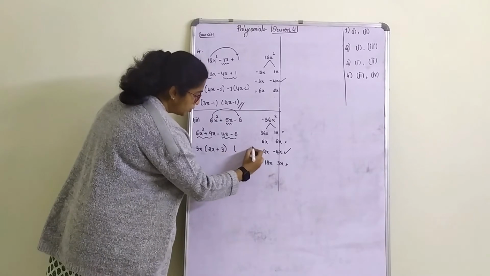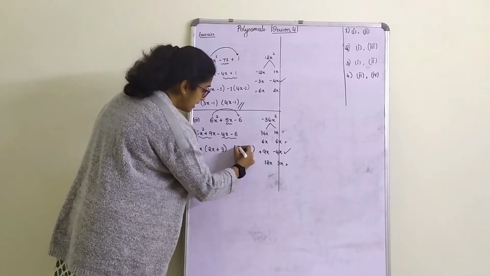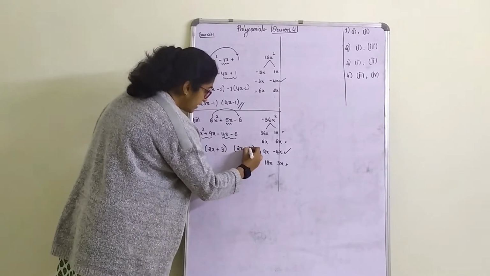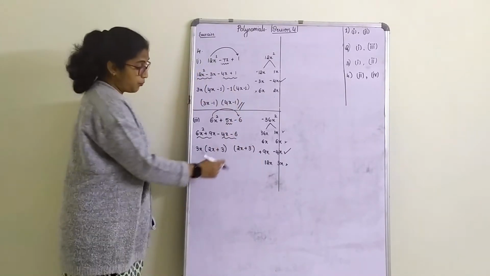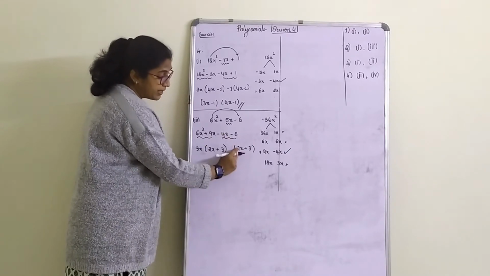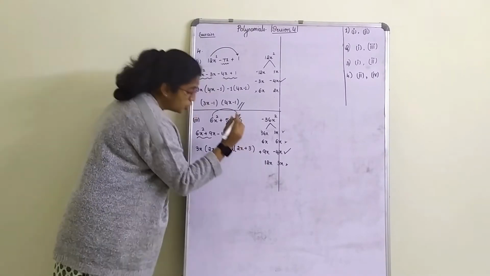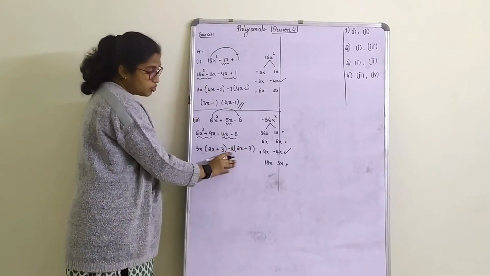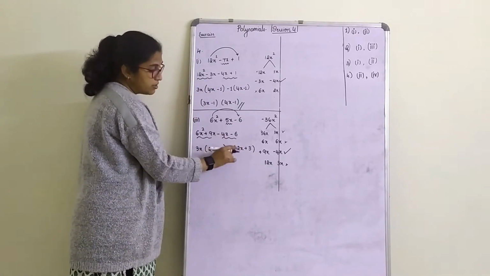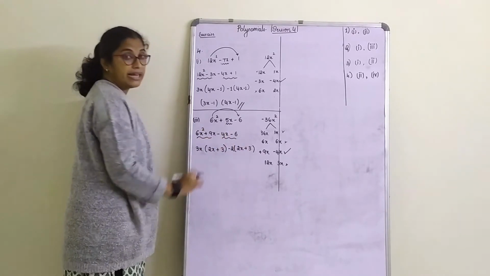As I have told you, in factorization, whatever you write here, please write the same thing in the bracket: 2x plus 3. Now, 2x into what number should give you minus 4x? 2 2s are 4, minus 4x, minus 2. Check now. Minus 2 into 2x is minus 4x, minus 2 into plus 3 is minus 6.